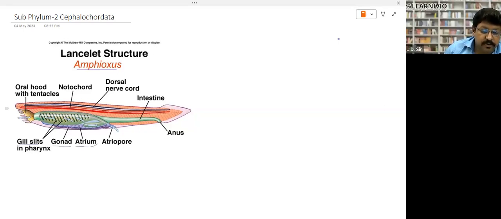Atrium means heart is present over here, and this is the atriopore. This is the anus for excretion. From here, through the gills, the water passes, and through the water they take the oxygen. So this is the Amphioxus. This is the representation.